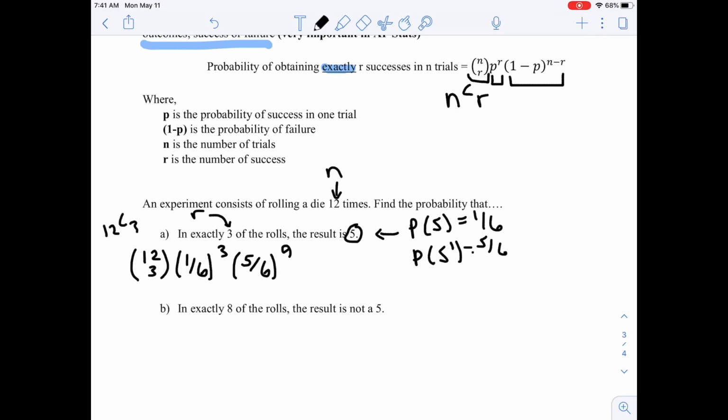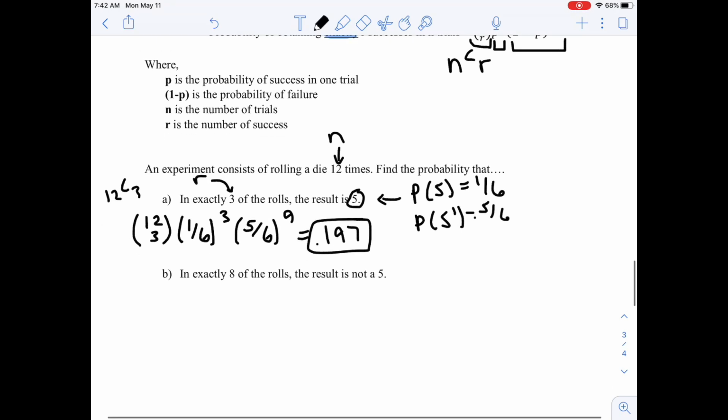Okay, and you end up with 0.197. Just be careful that you do enter everything in correctly so you get out the right outcome there.